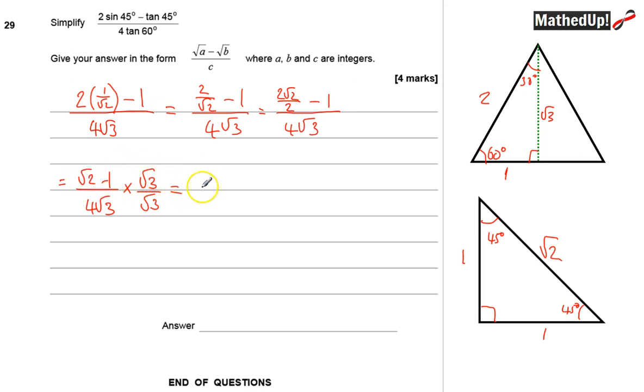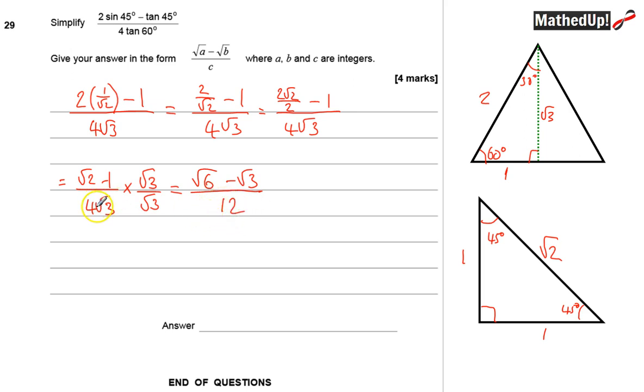So root 2 times root 3 is going to be root 6. Negative 1 times root 3 is going to be take away root 3. So that's the numerator taken care of. The denominator, I've got 4 root 3 times root 3. So root 3 times root 3 is 3. So that's going to be 4 times 3, which is 12.